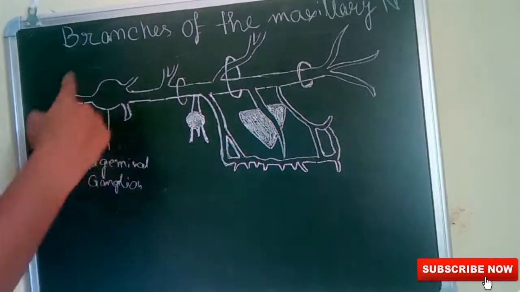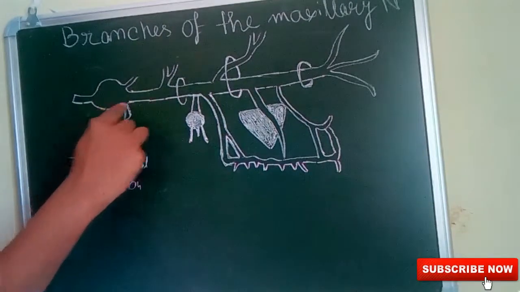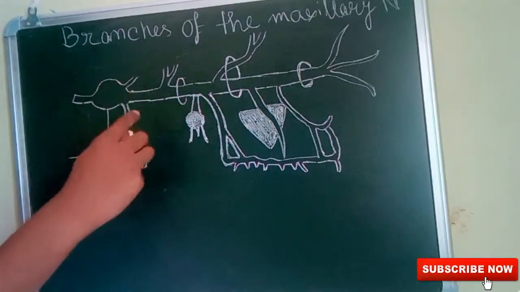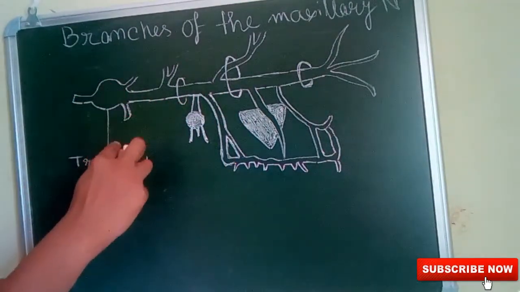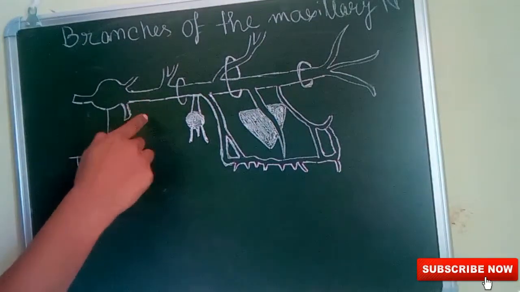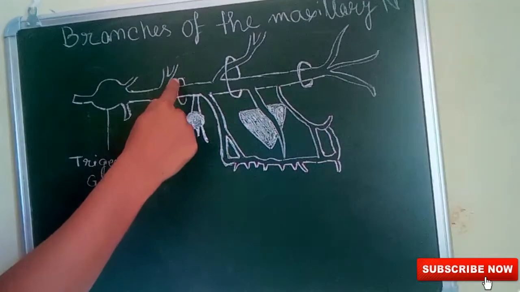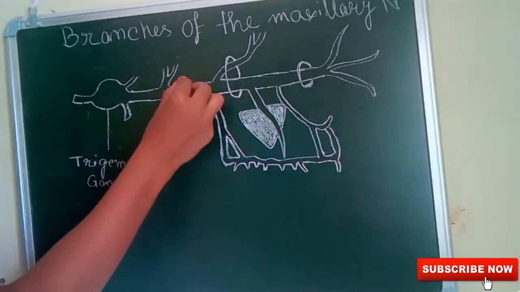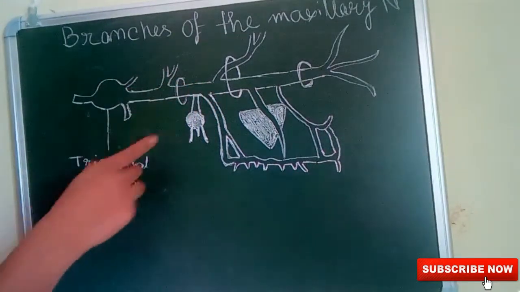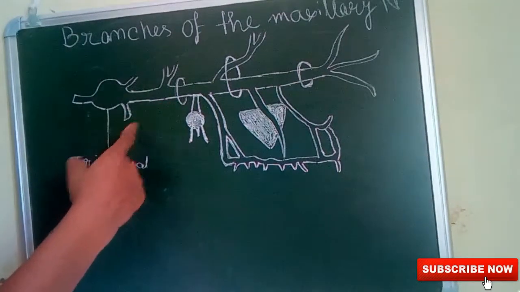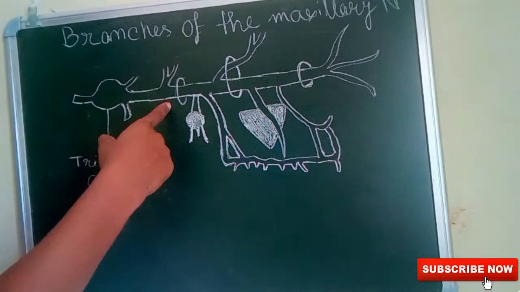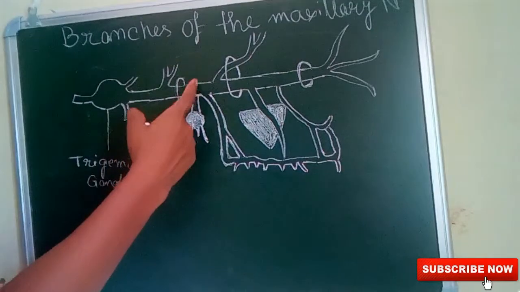Then the nerve leaves the middle cranial fossa through the foramen rotundum. You can see here, this is the foramen rotundum. It leaves the middle cranial fossa through the foramen rotundum to reach the pterygopalatine fossa.